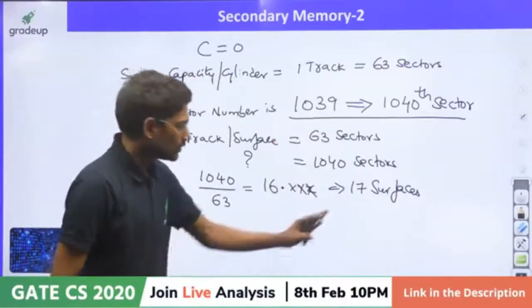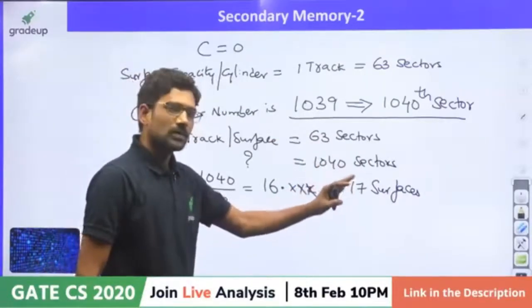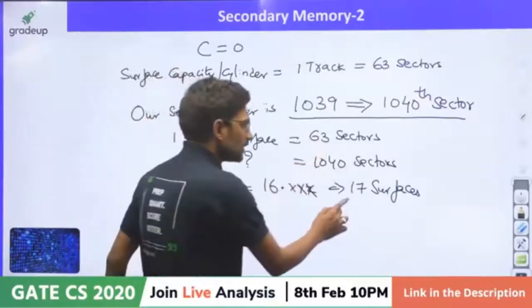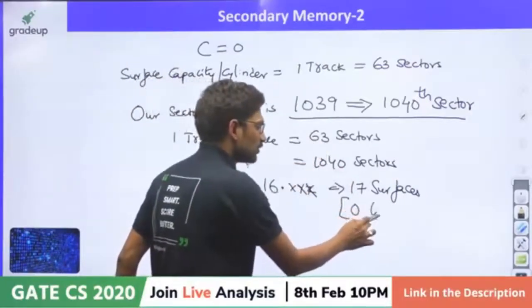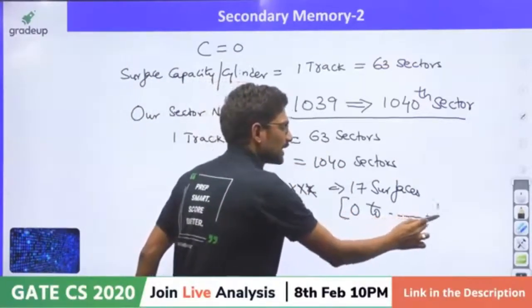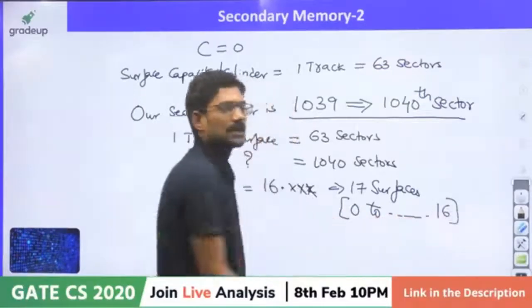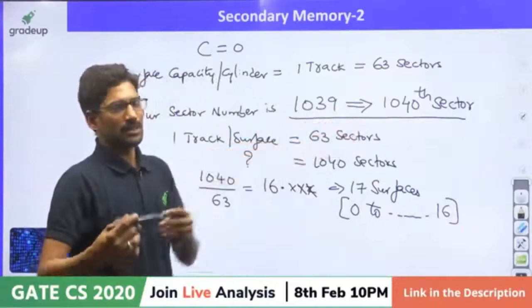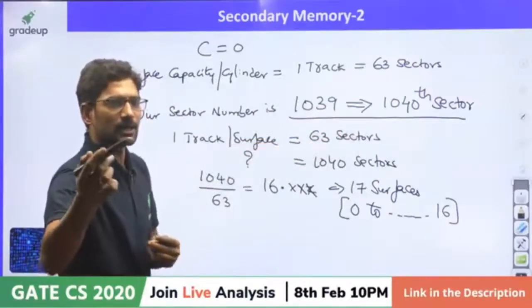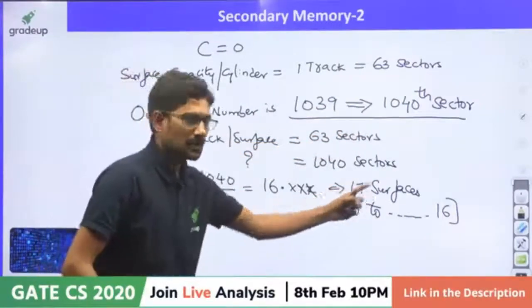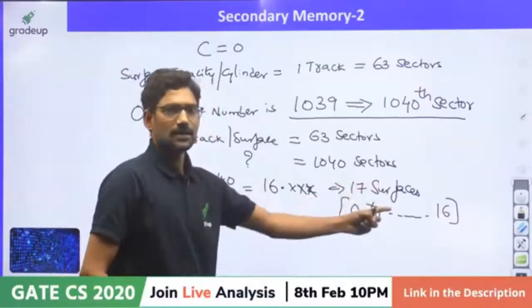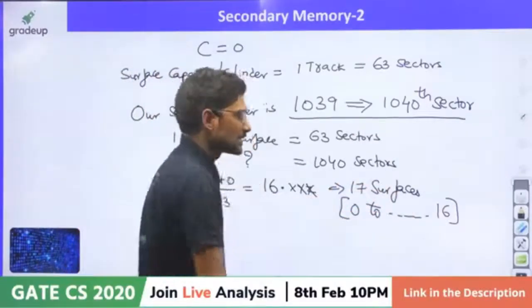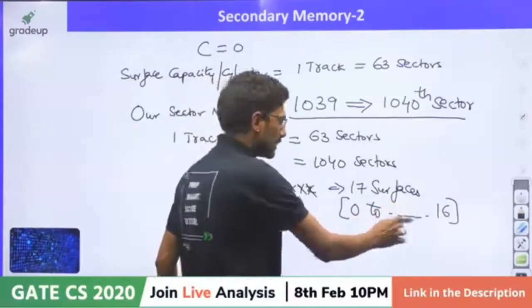Now give numbering for these surfaces. As the numbering starts with 0, our sector is the 1040th sector. That means our sector will definitely be on the last surface here. Last surface means the 17th surface. So what would be its surface number?